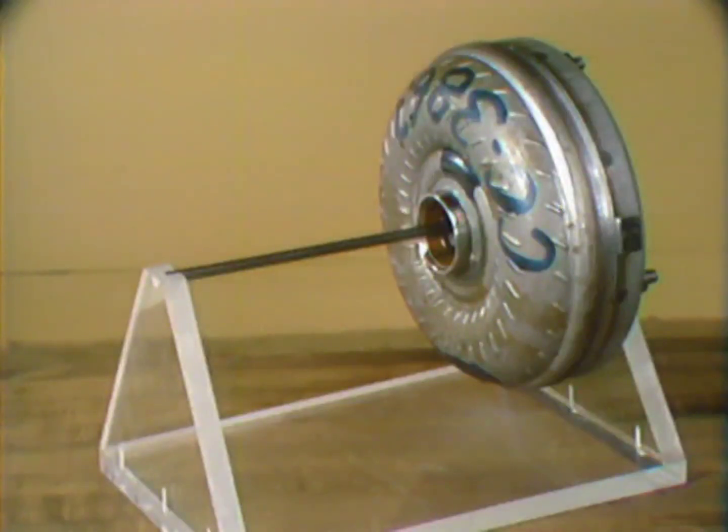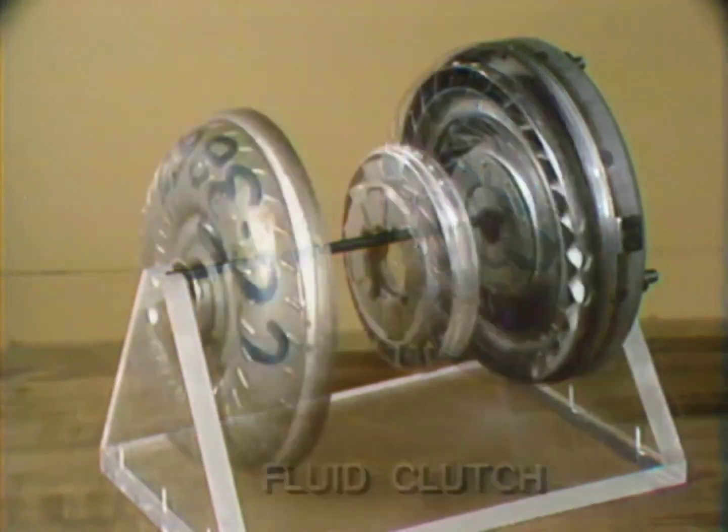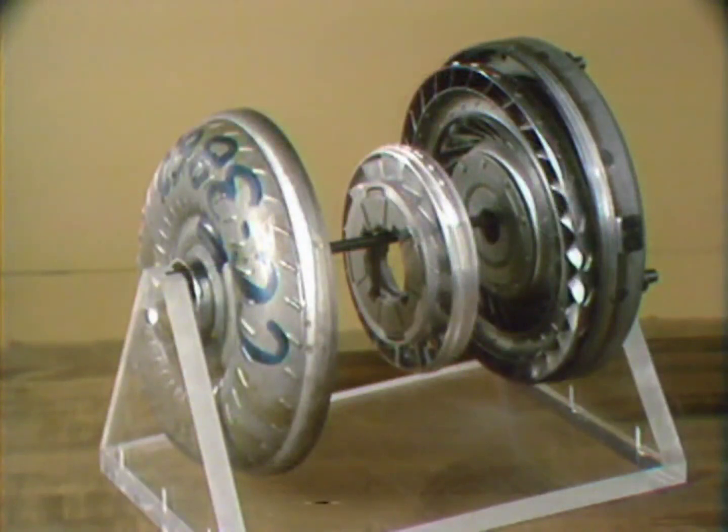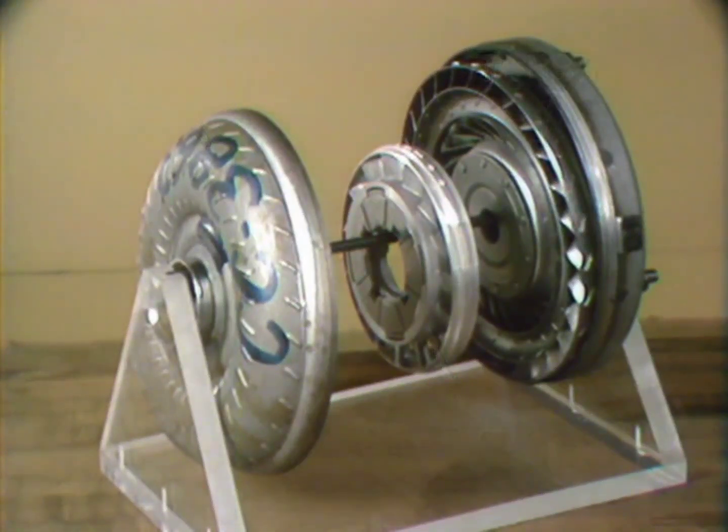We'll begin the study of power flow at the torque converter, which acts as a fluid clutch and couples the engine to the gear train. Here are the parts in the order they are assembled: the impeller, the reactor, and the turbine all work just like in other converters you are familiar with.